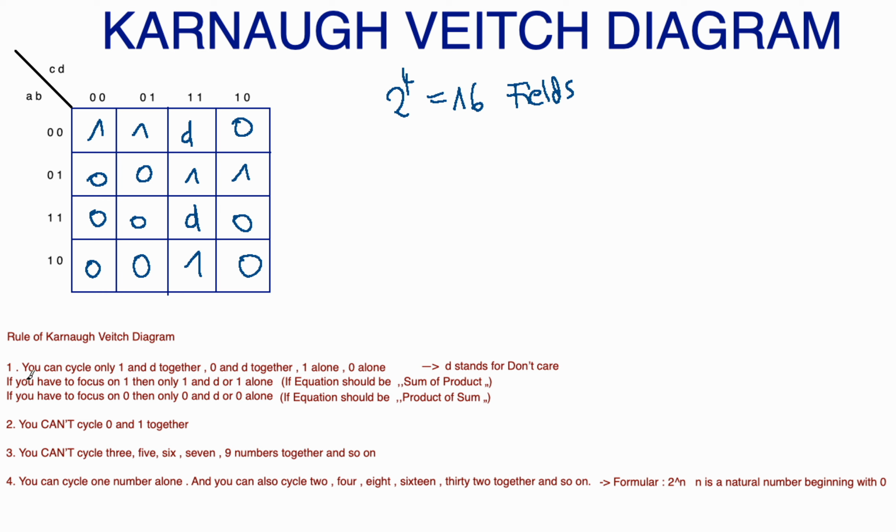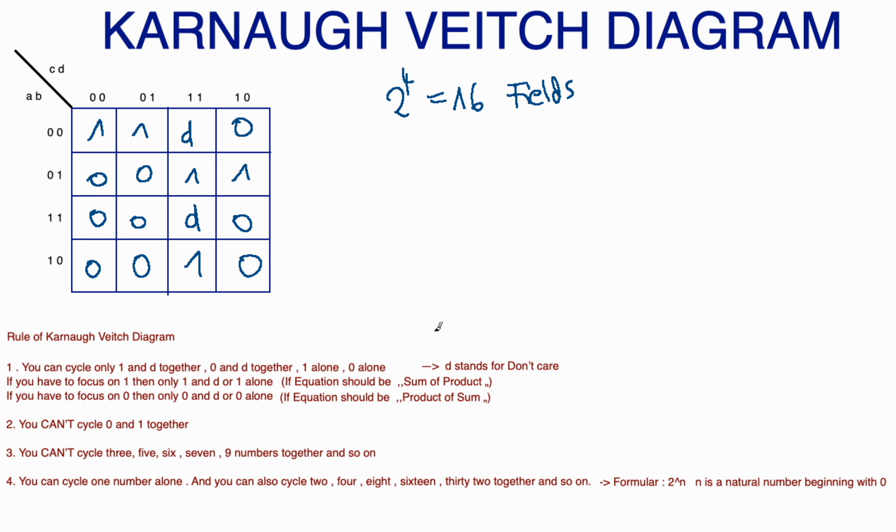Now we come to the second rule. You cannot cycle 0 and 1 together. I already told you that it's not allowed to cycle 1 and 0 together. It's forbidden. You can't cycle 3, 5, 6, 7, or 9 numbers together.